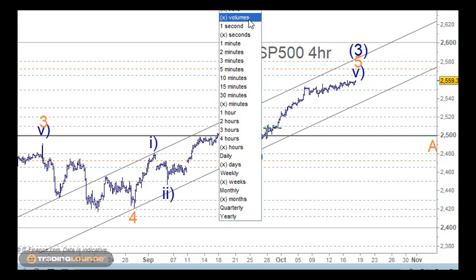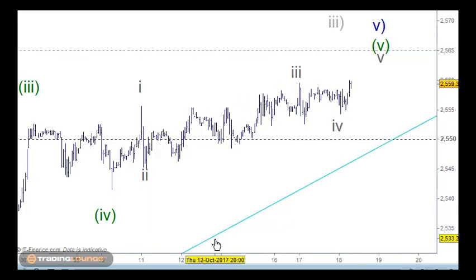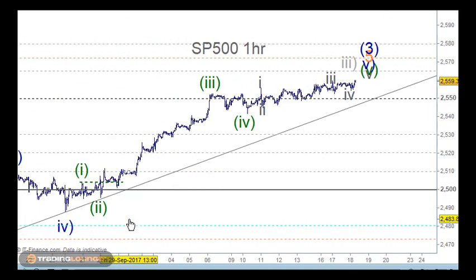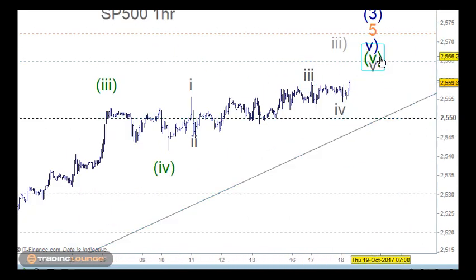So we'll go into the 1-hour chart here, and from this wave 4, we're looking at wave 1 and 2 here, all the way up for wave 3 and 4 here, and from 4 we're looking up to the green wave 5 here. Within that structure, we're looking for 5 waves as well.